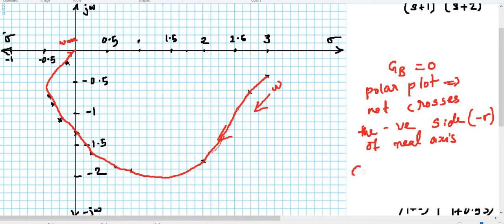And what is our gain margin? Our gain margin is 1 divided by modulus GB, and that is equal to 1 by 0, that is infinity.